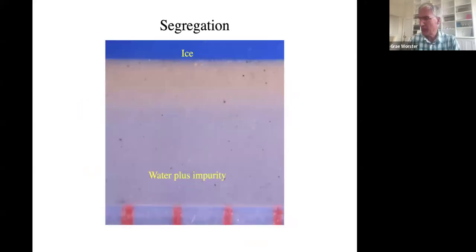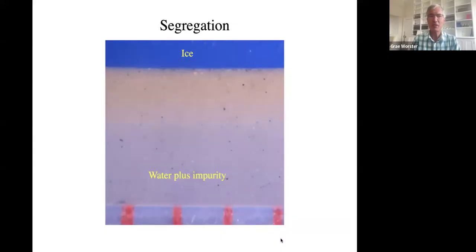So let's watch that happening. We can't see the salt in salt water very easily, so I've used a different impurity. This impurity happens to be clay particles. It could be anything, any sort of dirt or chemical impurity like salt. And we're going to watch that ice grow.